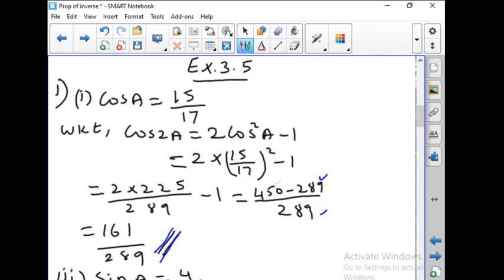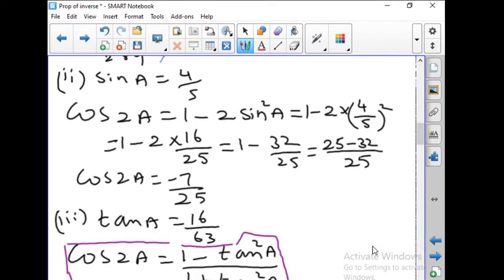which is equal to 161 by 289. Then the second subdivision: sin A is given as 4 by 5. We have to find cos 2A.